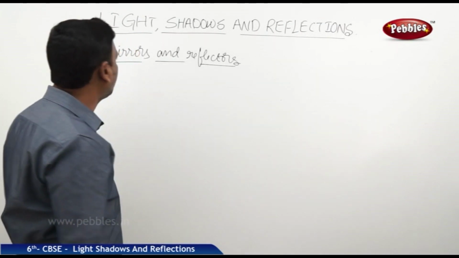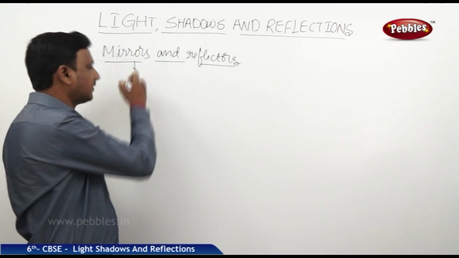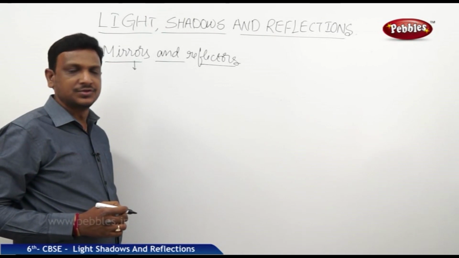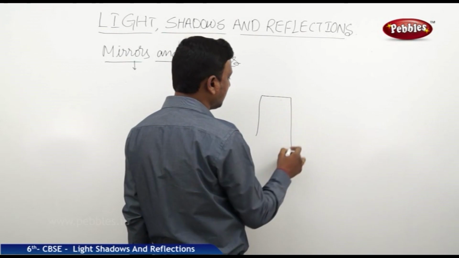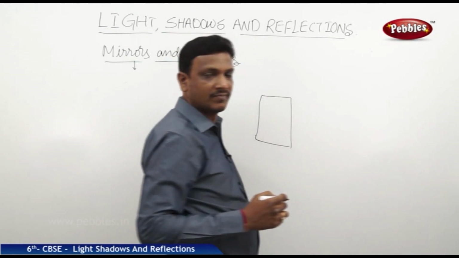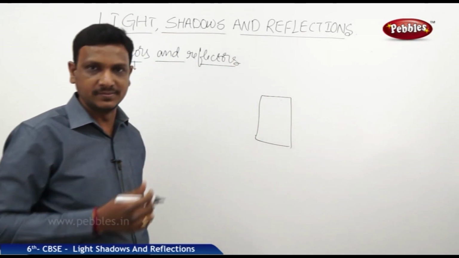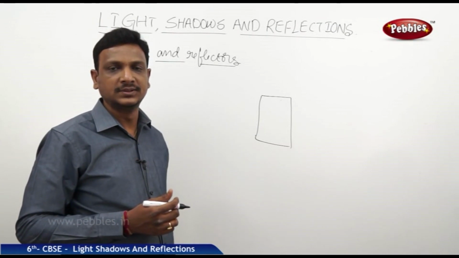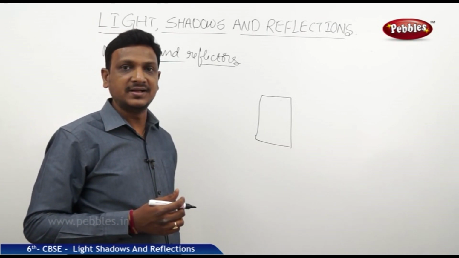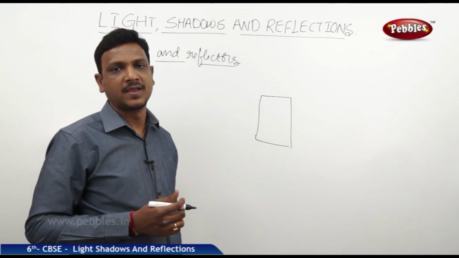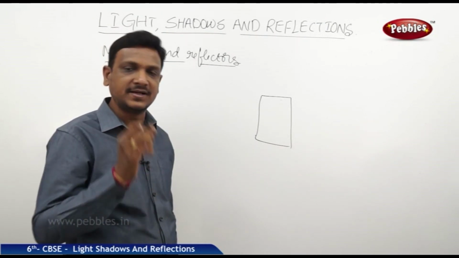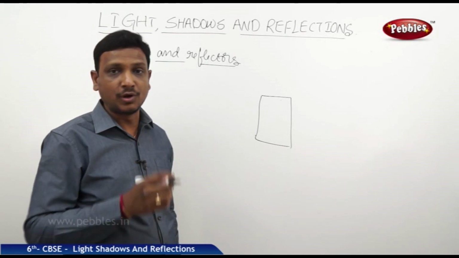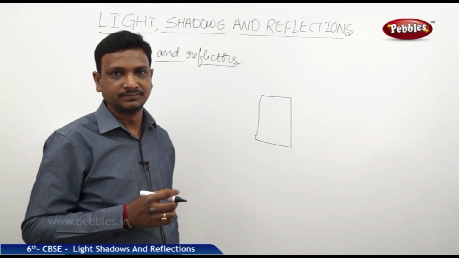Now let's see mirrors and reflectors. What is a mirror? So mirror is a glass object. One side it is coated with some chemical. So by that it will give out the reflection. We know when light falls on any object, the light is reflected back. But all the light is not reflected.